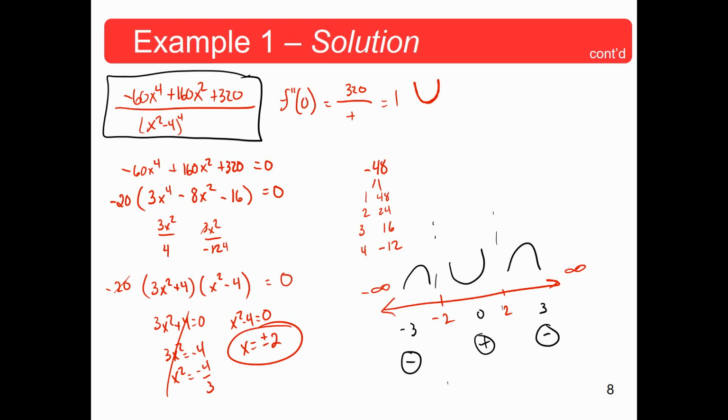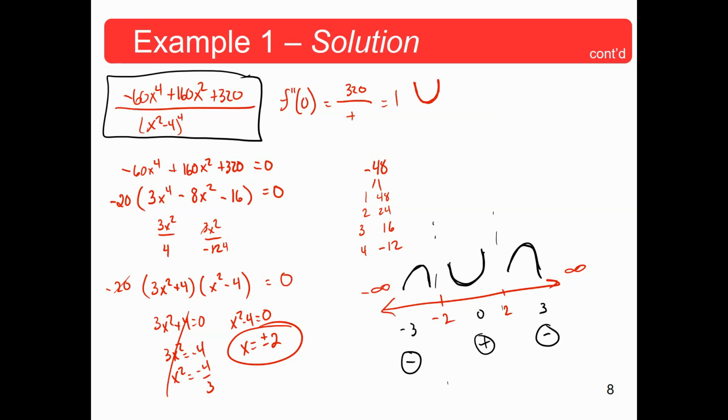So what's really important is to recognize the actual concavity. We're not really going to have points of inflection, because points of inflection only occur at those values where the derivative equals 0 or doesn't exist, but do exist in the original function. Since it doesn't exist in the original function, it also doesn't exist as a point of inflection.